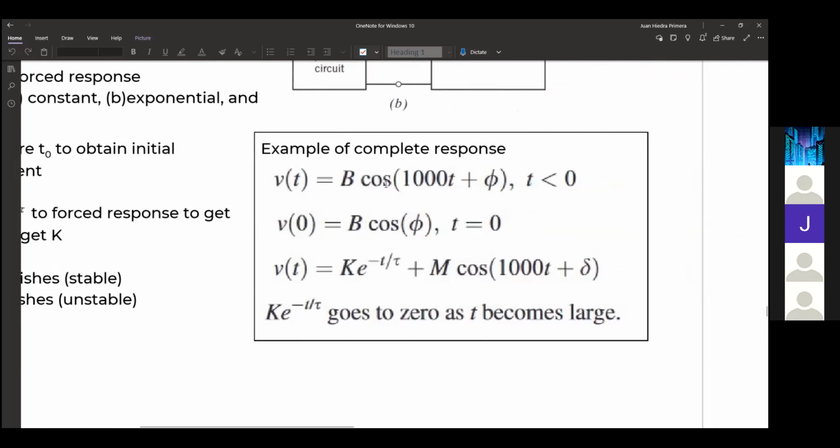Some complete responses include having a periodic signal, an exponential signal, or a constant signal. You can also, in some scenarios, have a mixture of them. So for example, here we have exponential combined with sinusoidal.